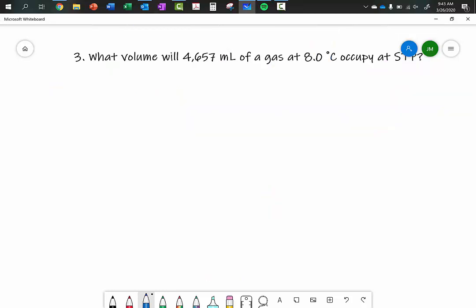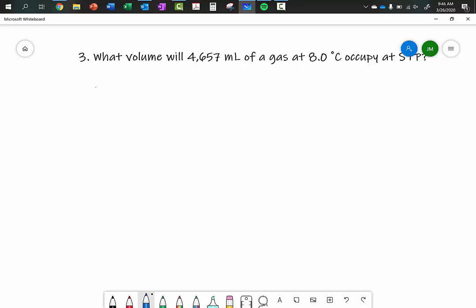All right, number 3 says, what volume will 4,657 milliliters of a gas at 8.0 degrees Celsius occupy at STP? Let's see what we have. We have a volume and we have a temperature. So this is going to be a V1 and a T1. And I also have STP.